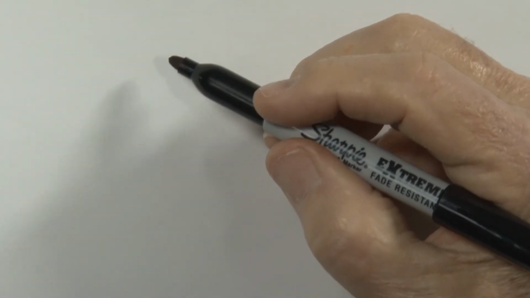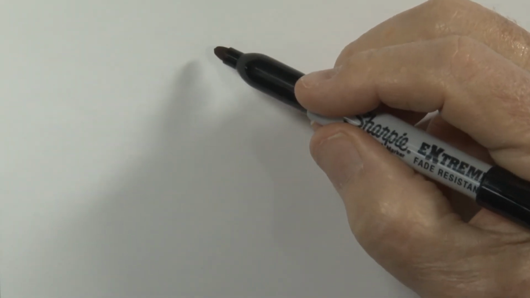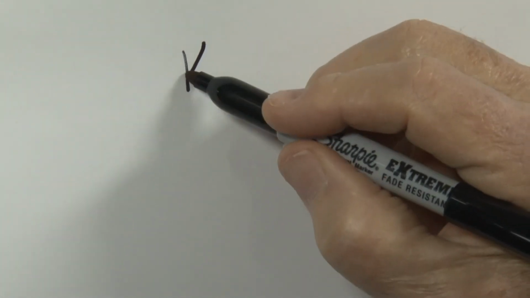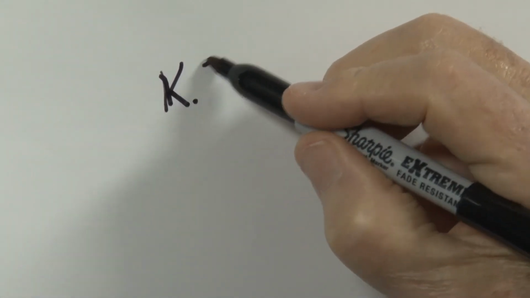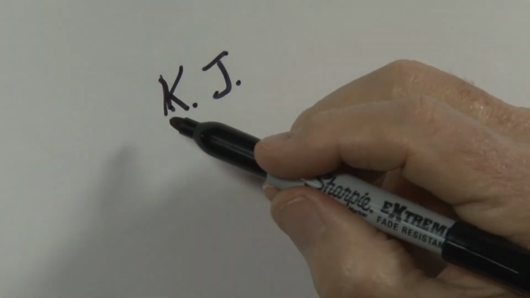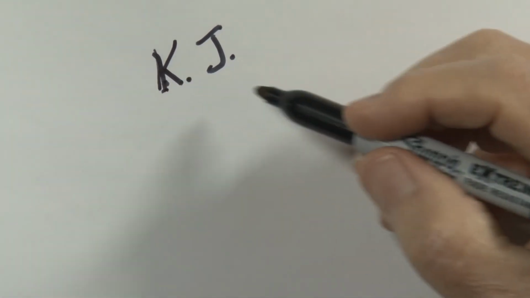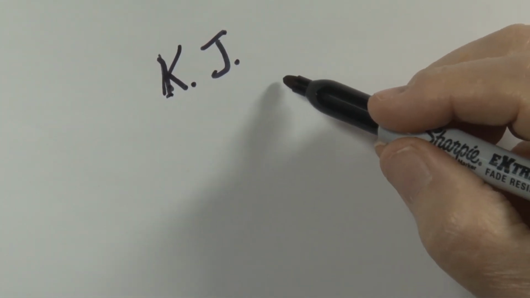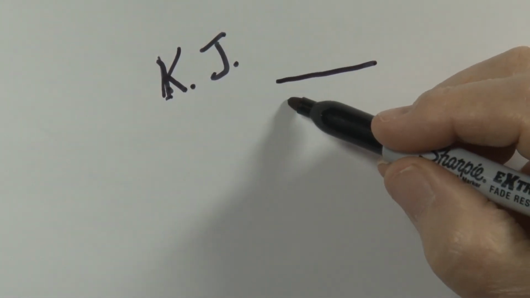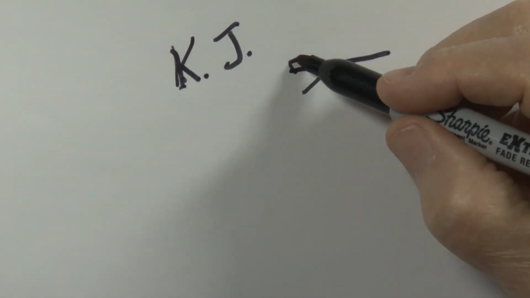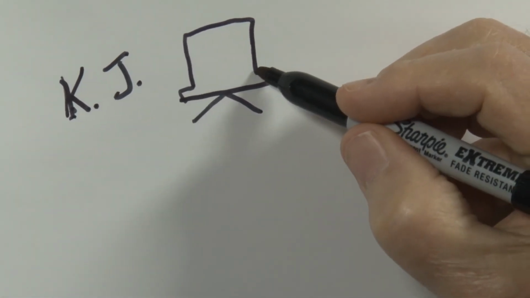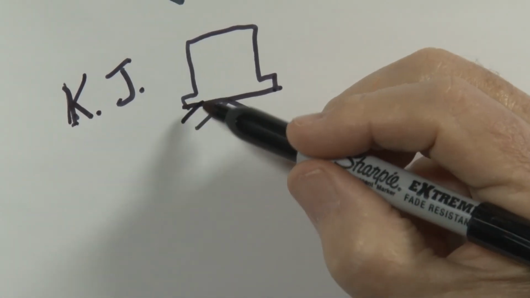All right, we're back. The next initials are KJ. Okay, I'm going to work the K kind of like I did the D in one of the drawings above. I'm going to turn that K right over on its side, kind of like that. Then I'm going to make a hat and some hair.